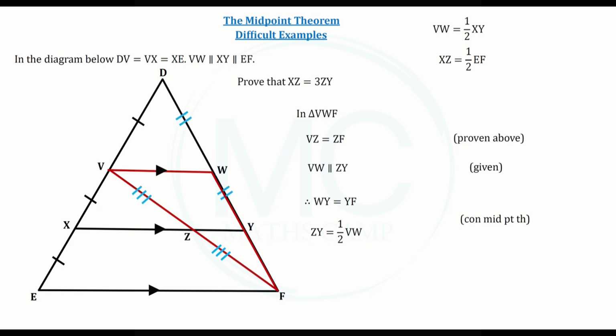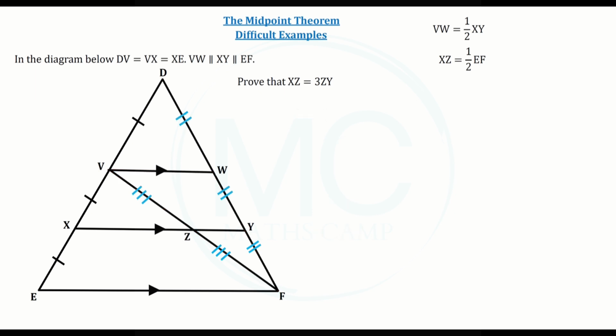We now know that WY is equal to YF. So on our diagram, let's mark YF with 2 blue small lines. Now we can make our diagram black again, clear up our page. We've just found that ZY is equal to half of VW. So let's make a note of this up here.